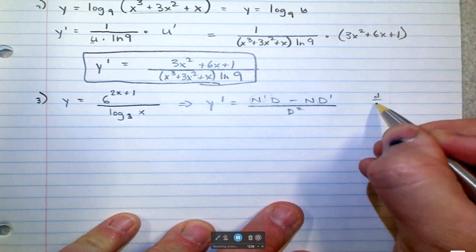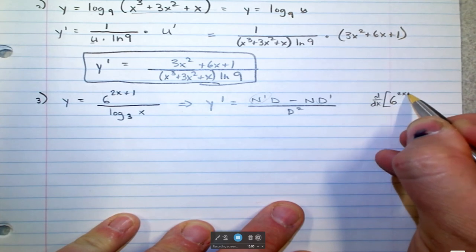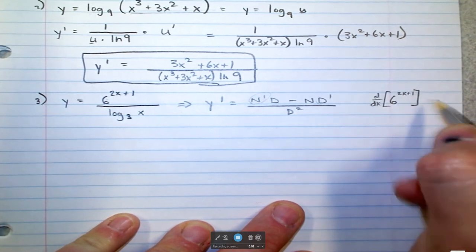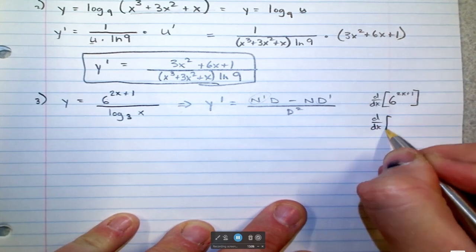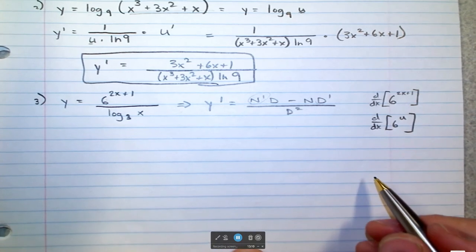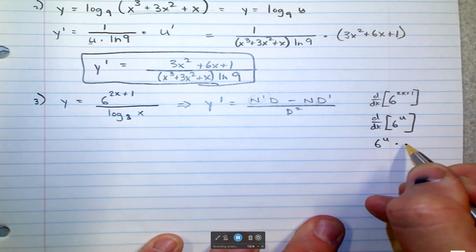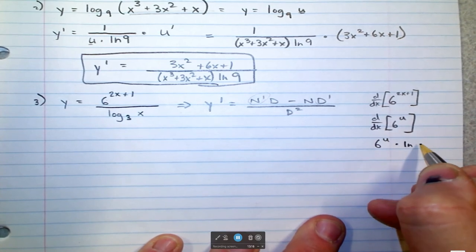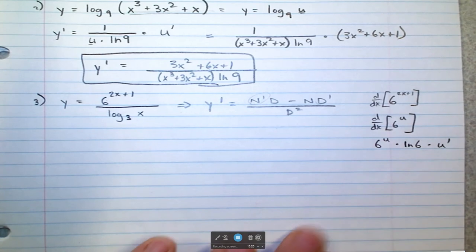So what is the derivative of 6 to the 2x plus 1? Well, we have to see that as the derivative of 6 to the u. The derivative of 6 to the u is going to be 6 to the u times natural log of 6 times u prime.